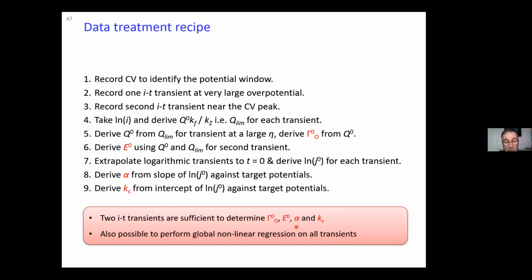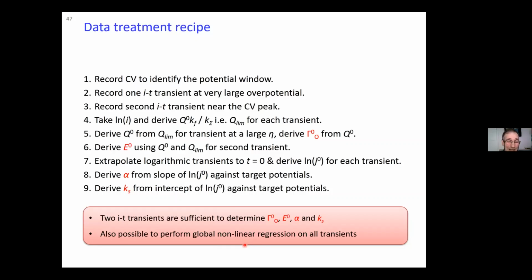And the other thing you can do is to perform a global nonlinear regression on all the transients for all the target potentials, and that's also very powerful to determine the parameters. So this is an approach which is an alternative to the classical Laviron technique, and it goes further than what can be achieved with the Laviron approach.